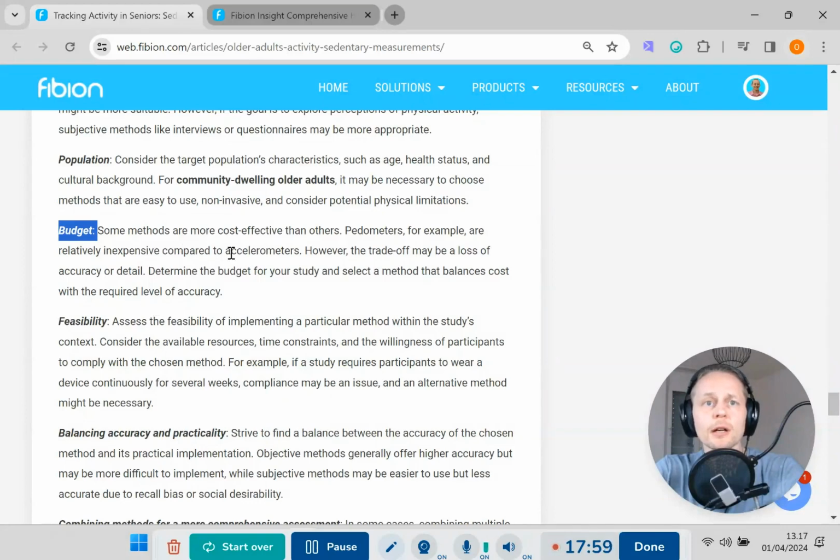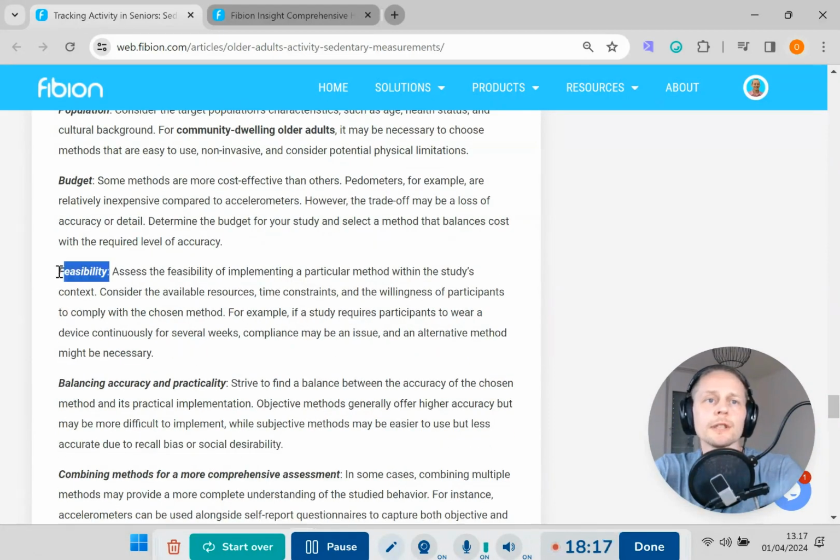Some are cheaper than others, so the method needs to fit the budget of the project. And then one consideration is feasibility. You should assess the feasibility of implementing a particular method within the study's context. I think with elderly people, it's maybe a little bit easier in that sense that they have probably more time than, for example, parents that have small, under school age children.